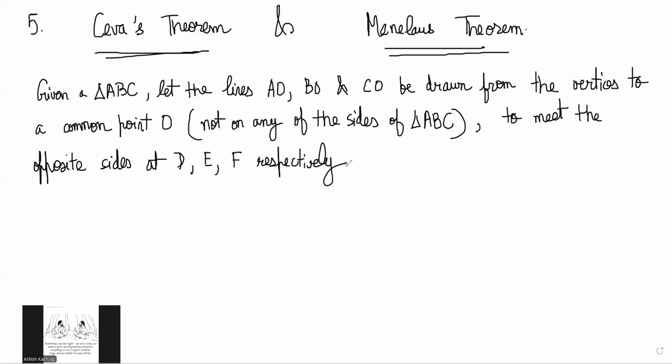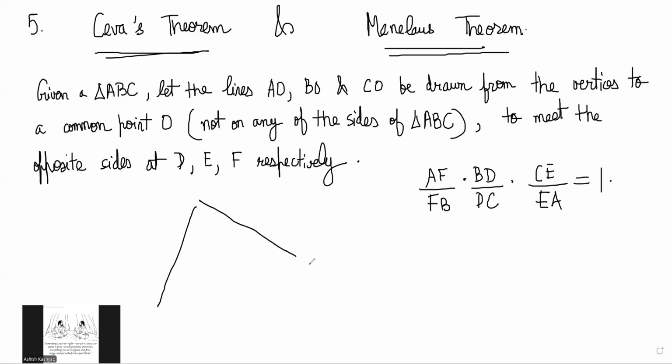Then we can say that AF by FB multiplied by BD by DC multiplied by CE by EA is equal to 1. So try to understand what the theorem is saying.